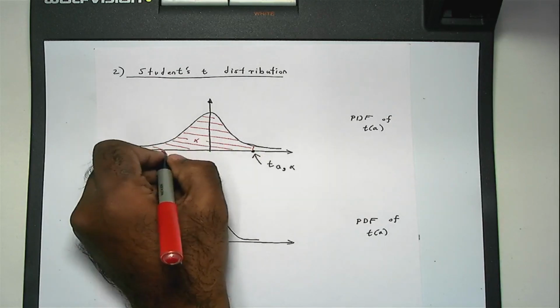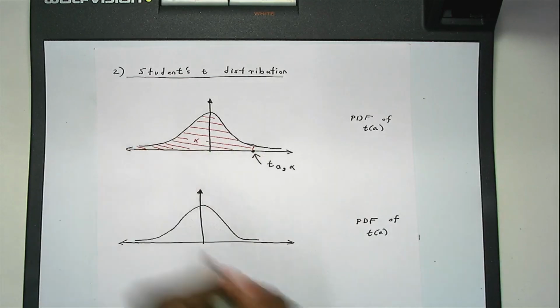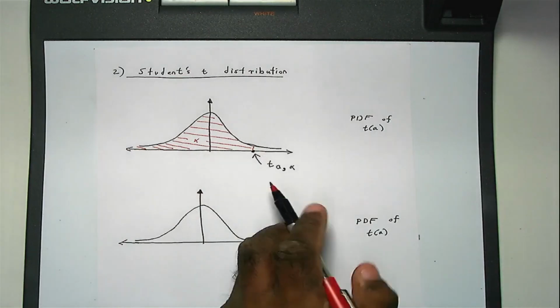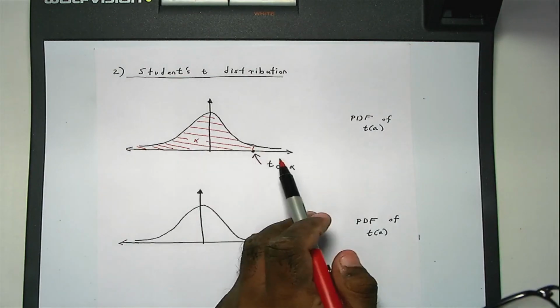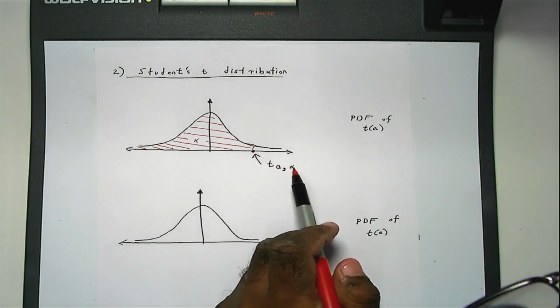Okay. So this point is the point along the horizontal axis. So the alpha corresponds to the area to the left.